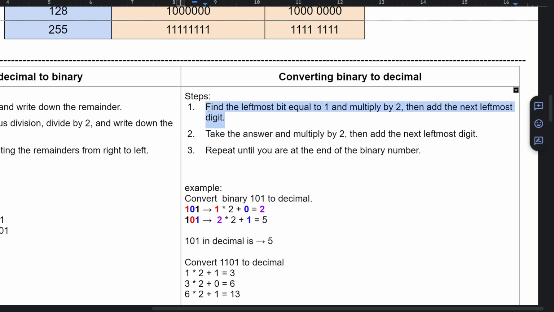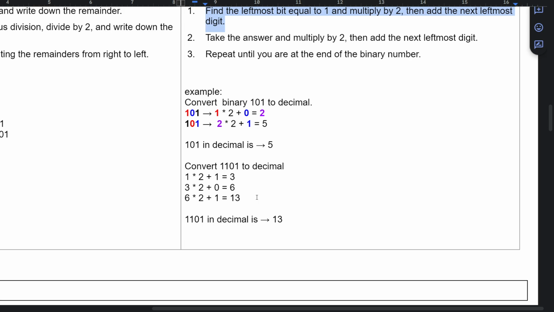So it says find the leftmost bit that is equal to 1 and multiply by 2. So if there's leading zeros, it means skip the leading zeros. That's what this means. And leading zeros are zeros that come before a 1 in binary. All right. So we're going to find the leftmost 1 and multiply by 2.